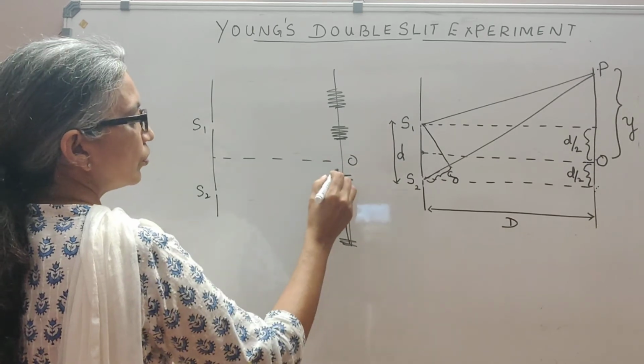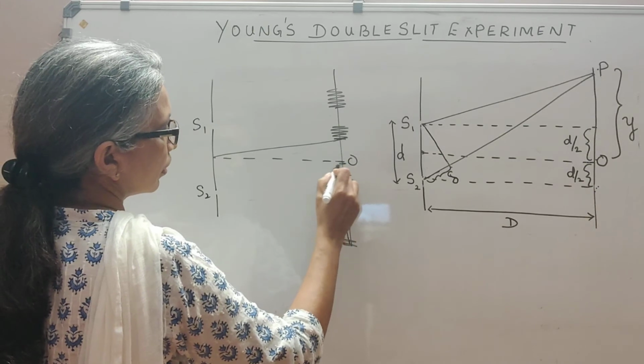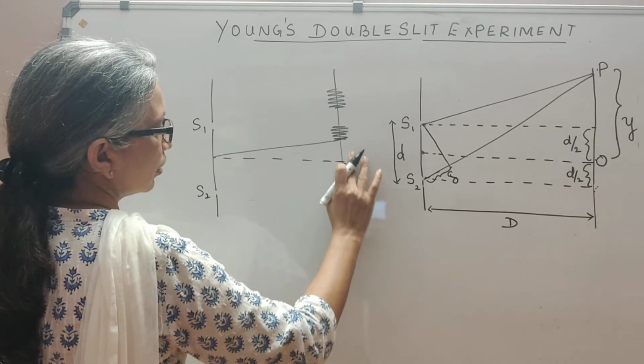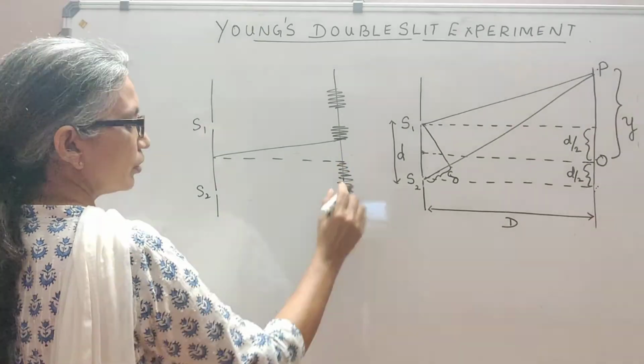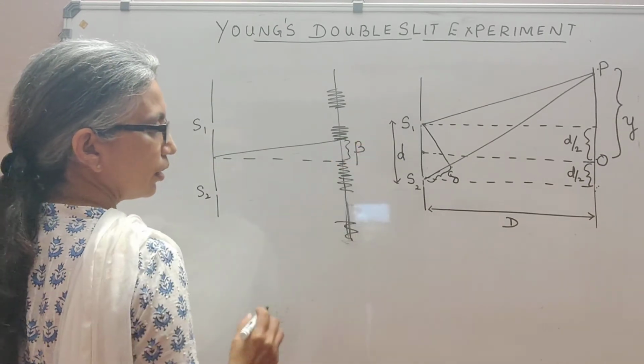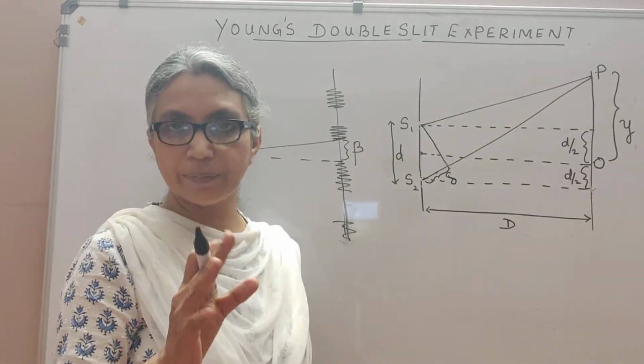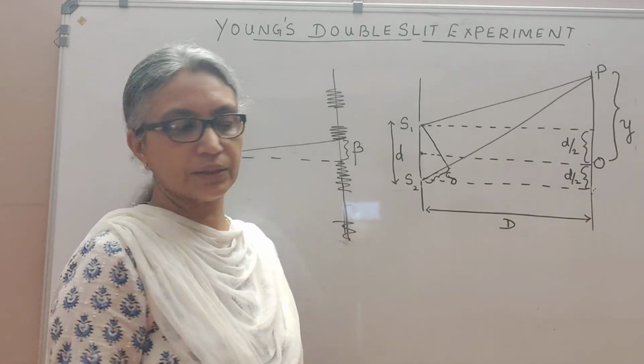So this is the fringe width, that is beta. Okay, linear fringe width is the width of a bright band or the width of a dark band.